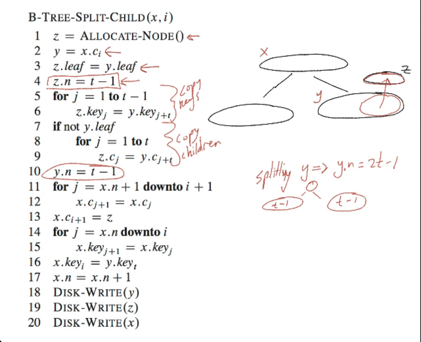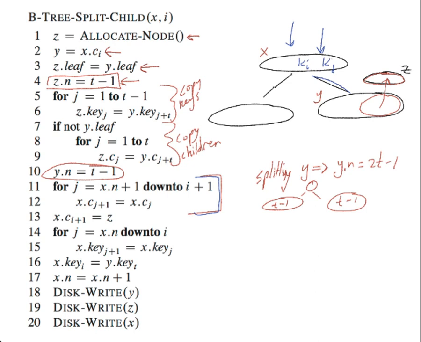Now what we need to do is we need to update X. So let's change colors here. So here's X, and we did have some key here, k sub i, and then k sub j, and it was pointing to Y. What we're going to do is now we're going to insert some new key, and we're going to have to update everything.